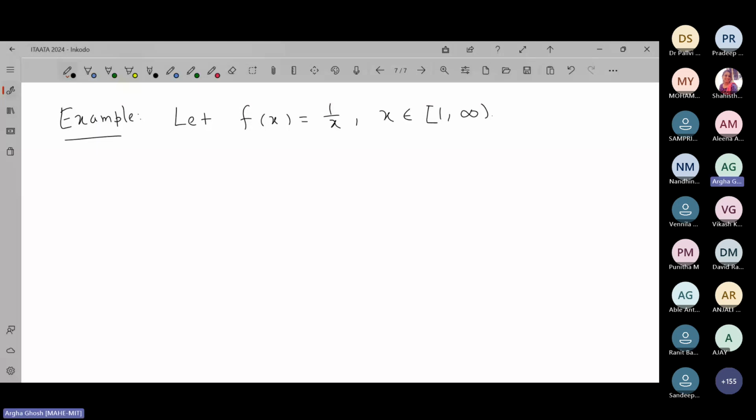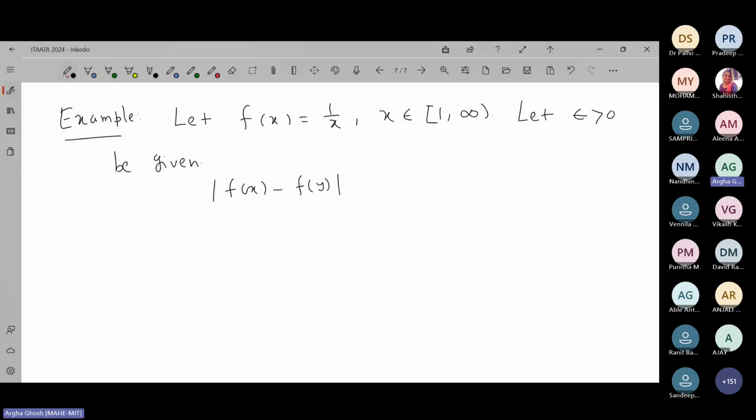So let epsilon be given. Any epsilon be given, arbitrary epsilon we have. So suppose we have to calculate f of x minus f of y. We need to show that this is less than epsilon, something like that. Because we need to get a delta for which this will work.